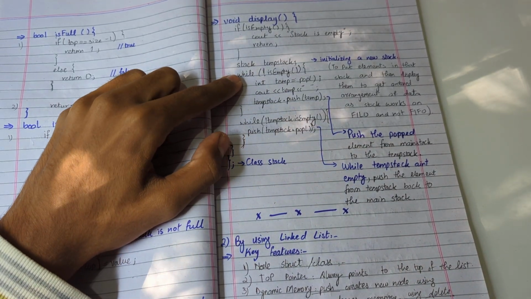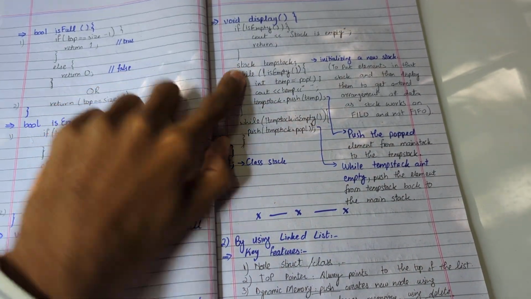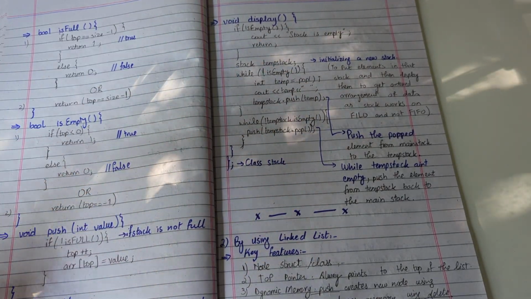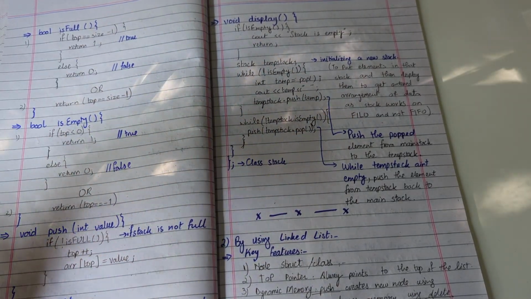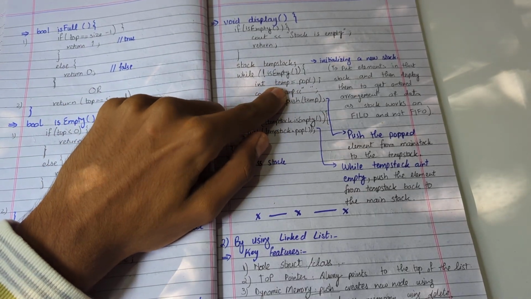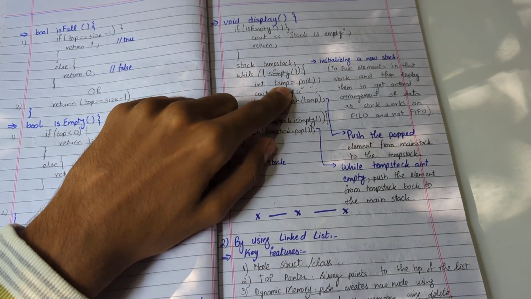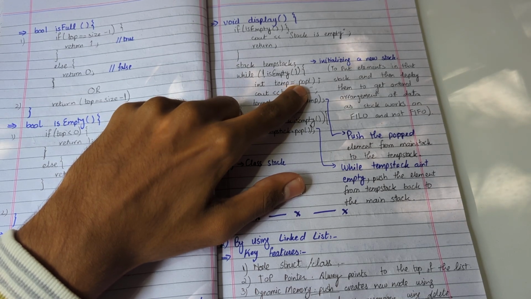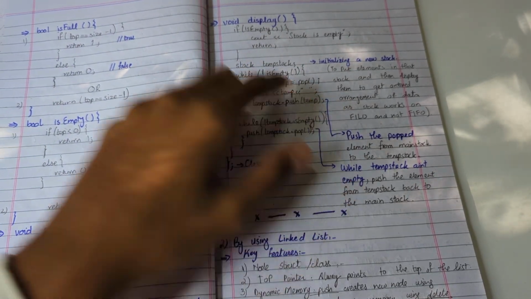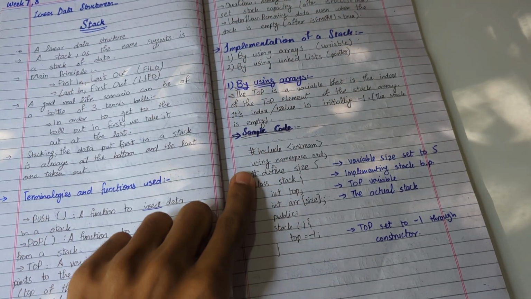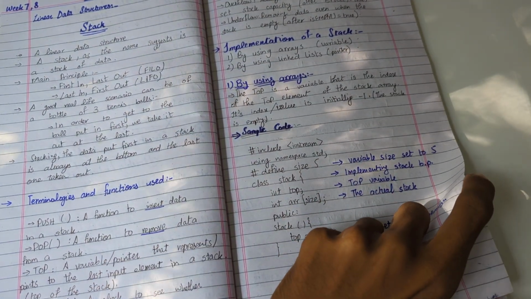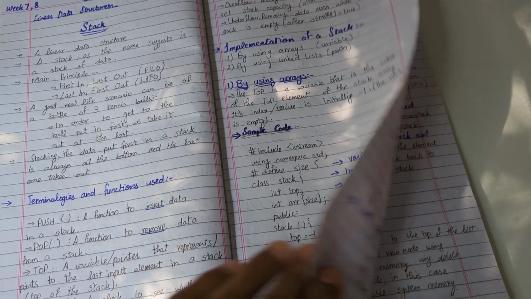Then we put a loop: while the stack is not empty, we have to keep on popping out elements until the stack is empty. So int temp: we initialize a new variable, temp, and we pop the element. This is a function of the main stack, this class.